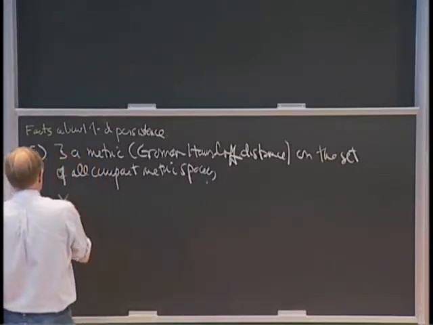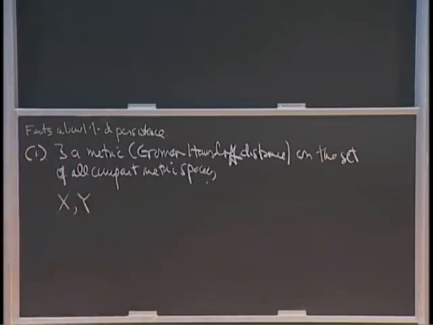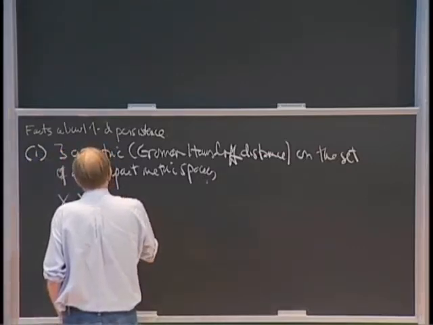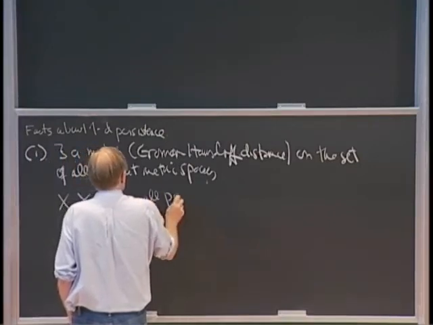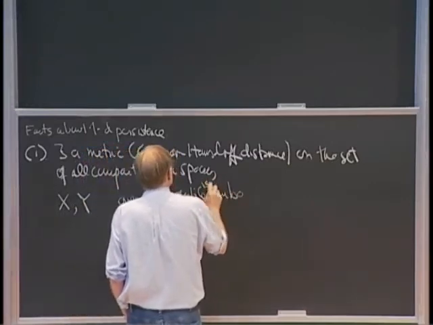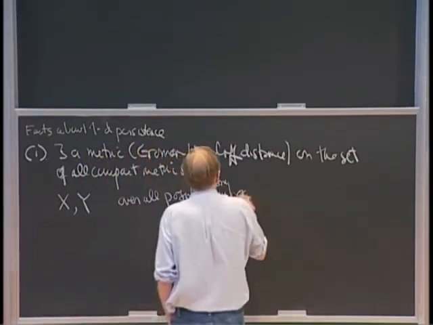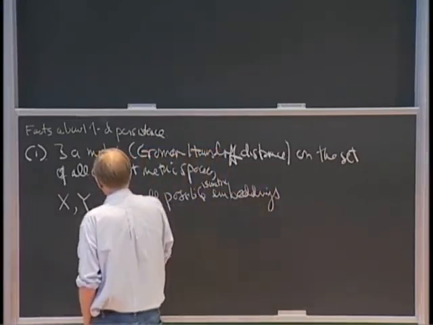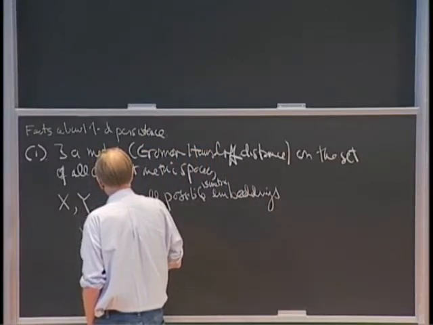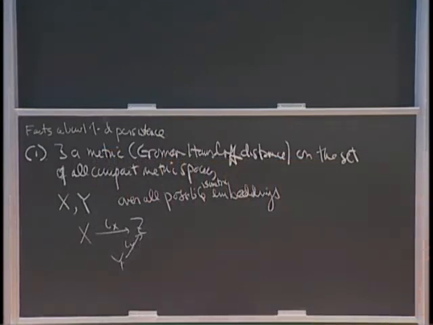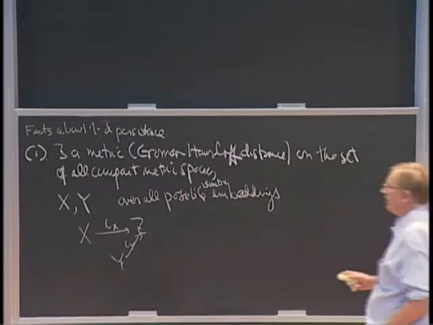You take two metric spaces, X and Y. And what you do is you pass over all possible isometric embeddings into some third space, Z. So over all isometric embeddings, I sub X from X into Z and I sub Y from Y into Z. Over all such, and now you're going to hope that the images are close, so there's a notion of Hausdorff distance.